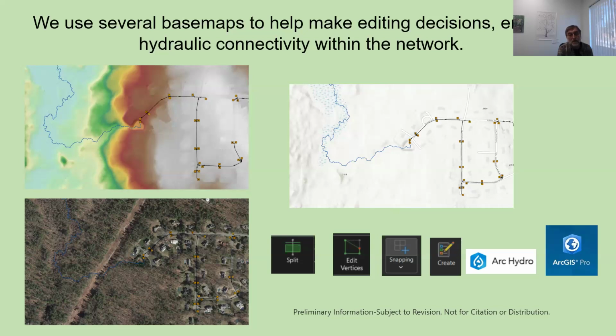Esri has a small team that has been together for as long as StreamStats has been together. We've collaborated with them, and they have developed tools that we utilize to work through this process. Next slide.